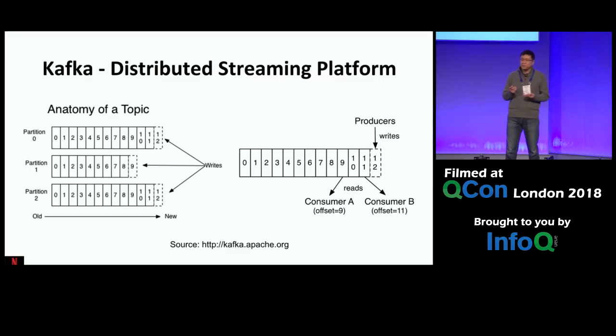A producer produces a series of records to one or more topics, and each record will be appended to the end of a partition as illustrated in this diagram. Consumers can subscribe to one or more topics, and they can fetch records from the corresponding partitions. And Kafka uses the offset of a record to keep track of the consumer's position.